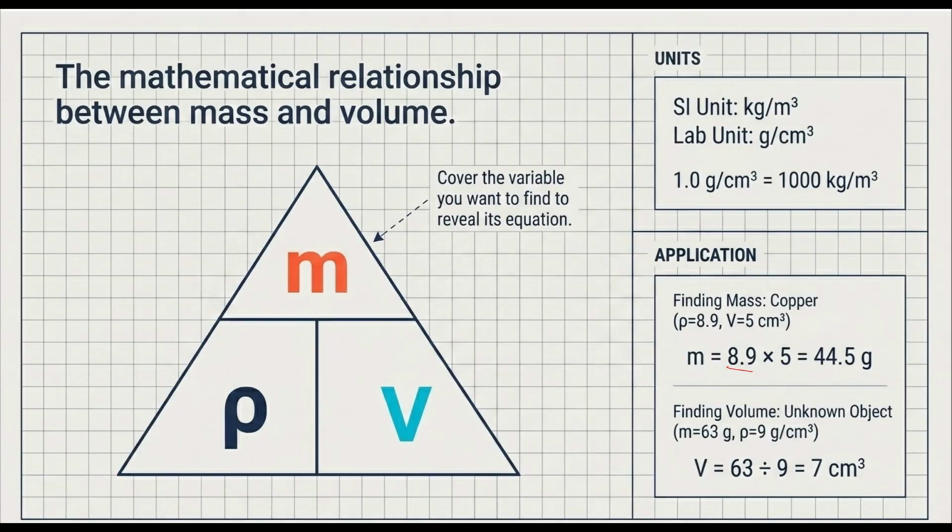So its density is 89 divided by 10, which is 8.9 gram per cubic centimeter. Here we have provided the mass and the volume, so the density will be 8.9. Clear?